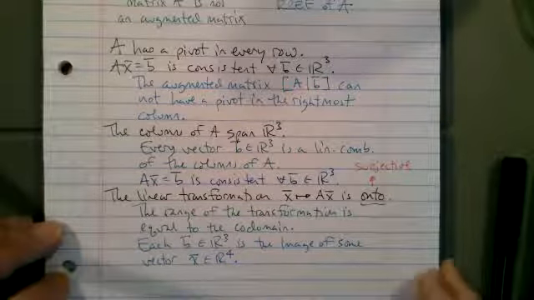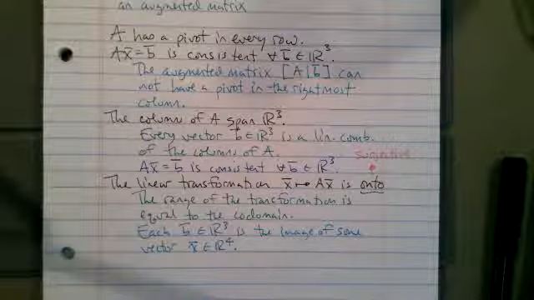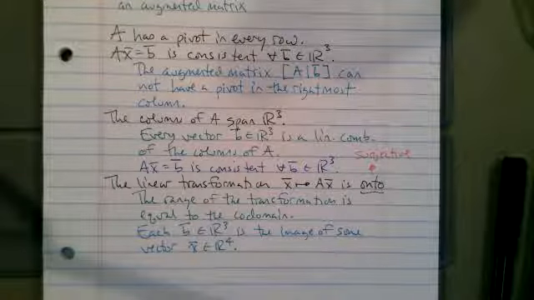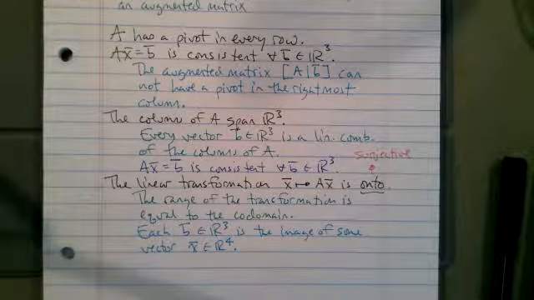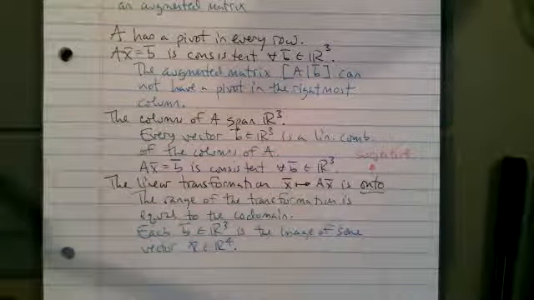Since A is 3 by 4, the inputs come from R4, the outputs are in R3. So we're saying here that each b in R3 is the image of some vector in R4. And what that means is that AX equals B is consistent for all B in R3.